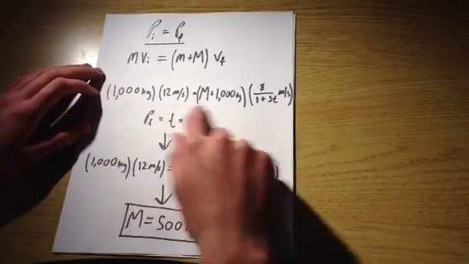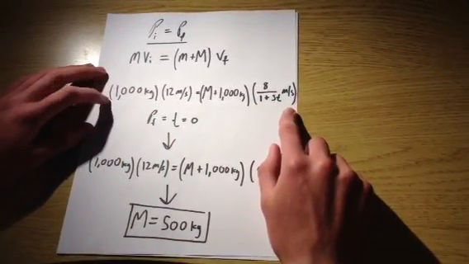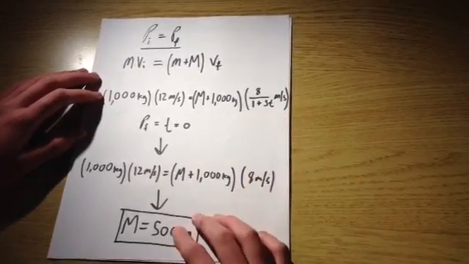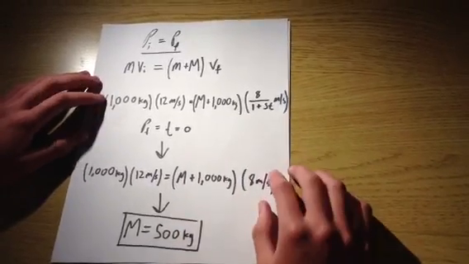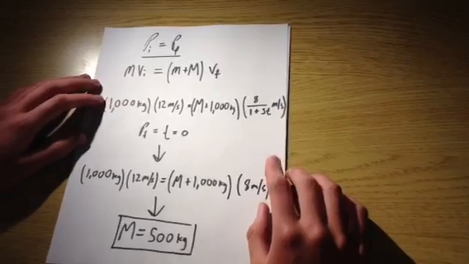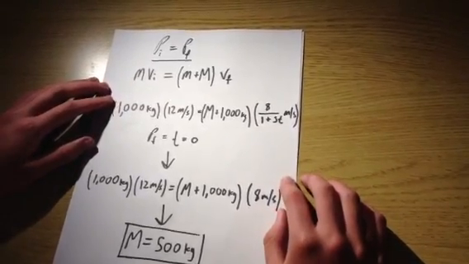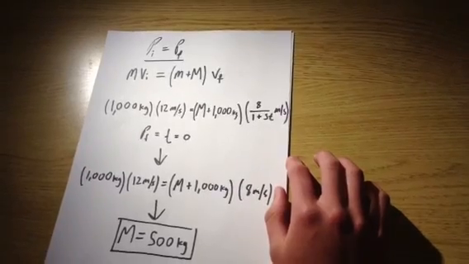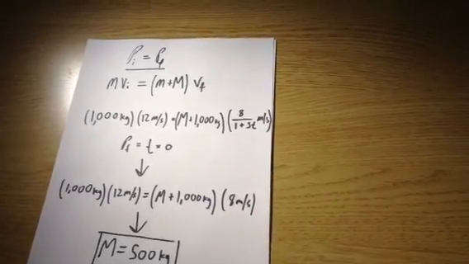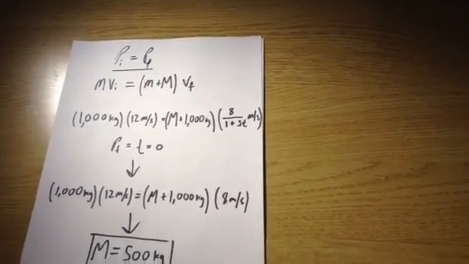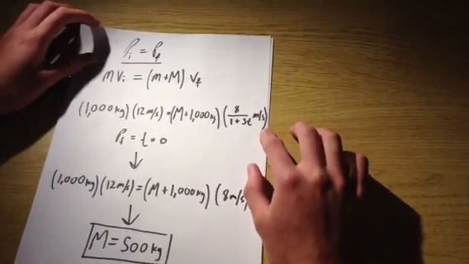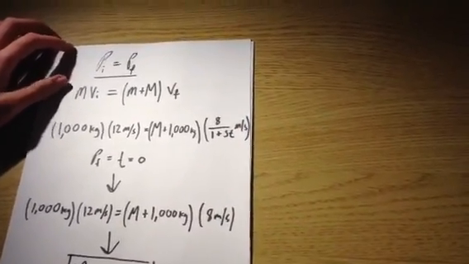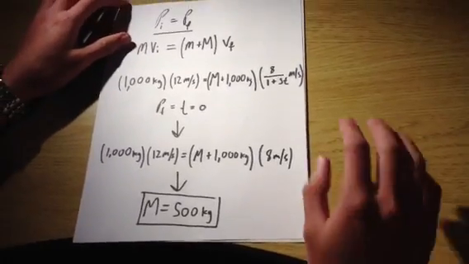And here is when we plug in the numbers. 1000 kilograms was the mass of the car given in the problem, and its constant speed of 12 meters per second. And then we have the mass of the object m plus the mass of the car, which is 1000 kilograms. And then we just use the equation they gave us, which is 8 over 1 plus 5t meters per second.